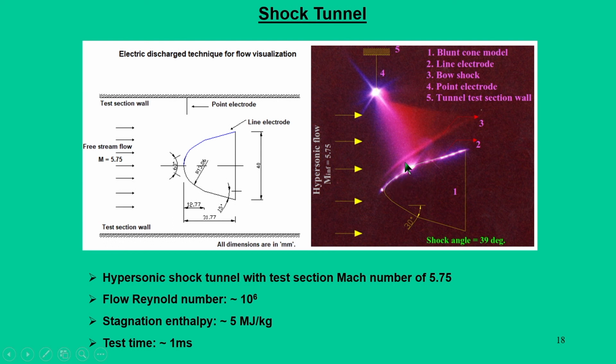At the same time, that glow is captured in a high speed camera. You can see there is a hazy line, but this line clearly demarks the nature of a curved shock, which is typically characteristic of a blunt body. From this we can say that the shock wave really exists.